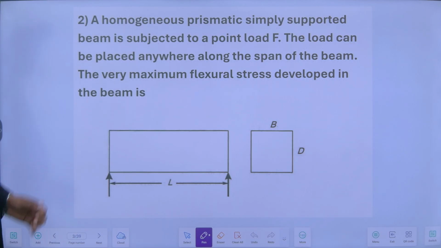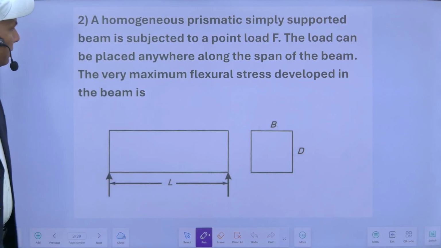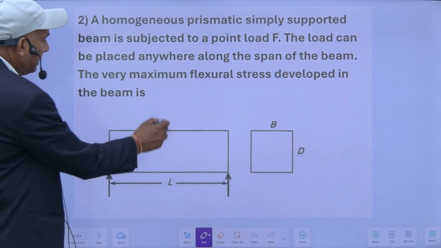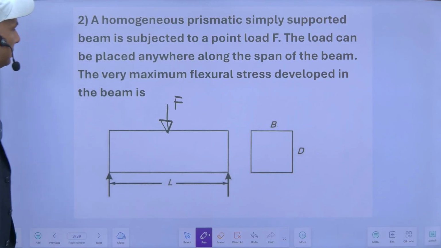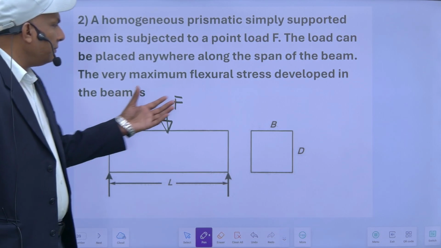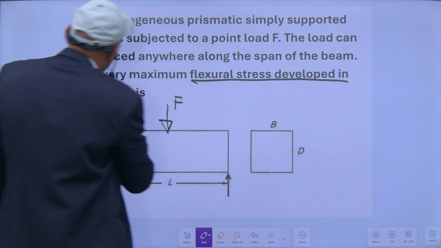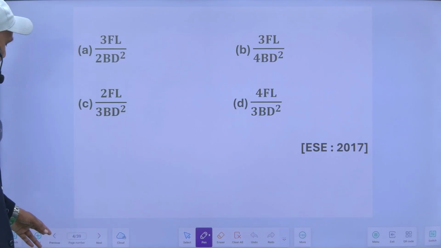Second question, a homogeneous prismatic simply supported beam, this is a beam and span is L, is subjected to a point load F here. The load can be placed anywhere along the span of the beam. The maximum flexure stress developed in the beam is how much?